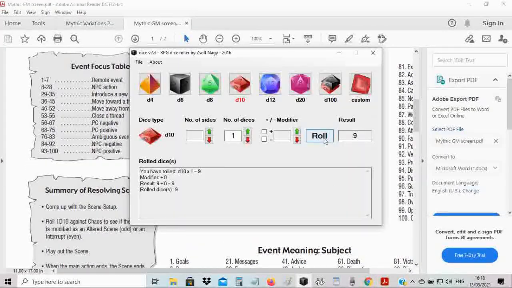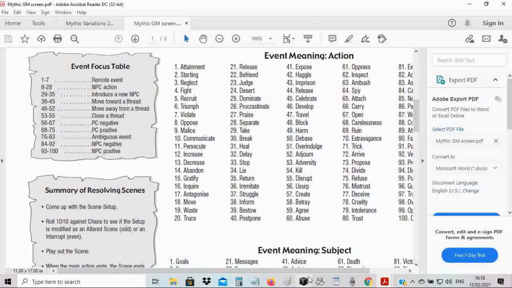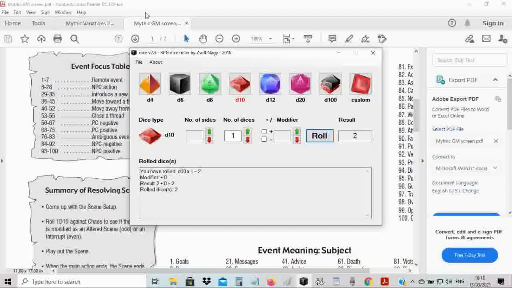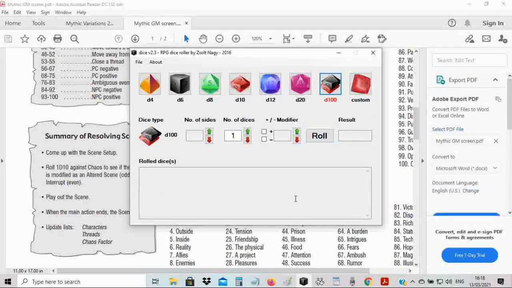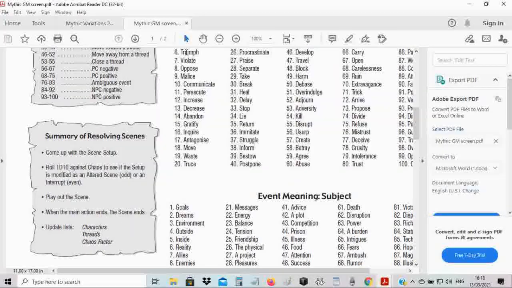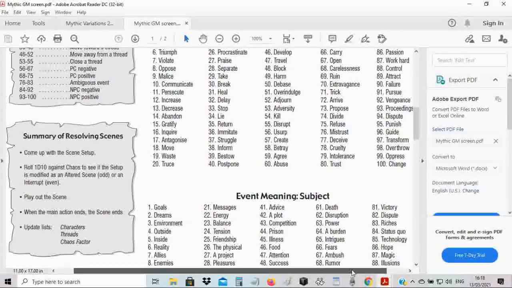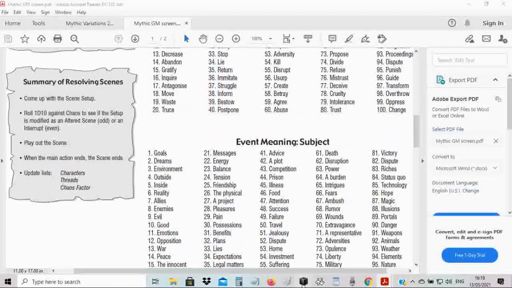Example, we'll roll for action, 1, attainment. We'll roll again, 2. Oh, sorry, wrong dice. Let's do that again. 7. Let's see here. Work hard. Let's see.